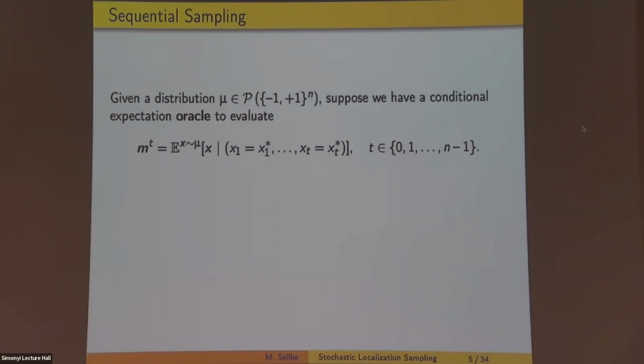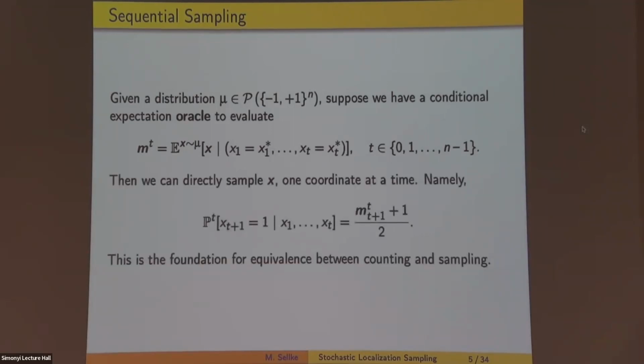And it not only tells me the mean, but it tells me the conditional mean if I fix any subset of the coordinates, maybe just the first t coordinates for some ordering. Then I can sample easily from my distribution by just sampling one coordinate at a time. So the first coordinate of the mean without any conditioning tells me the probability for the first coordinate to be +1 or -1. I set it at random, I condition on it, and I just repeat.